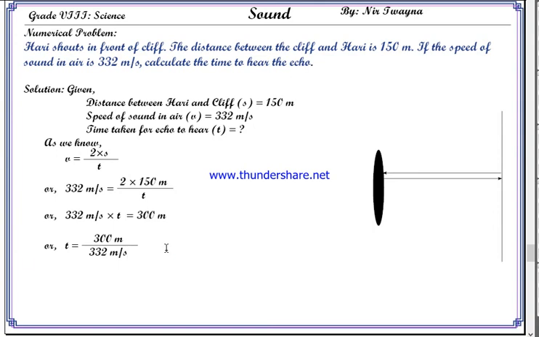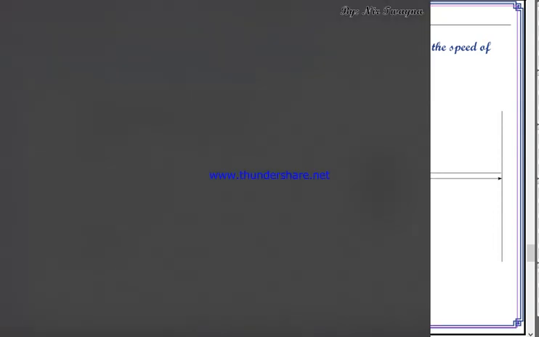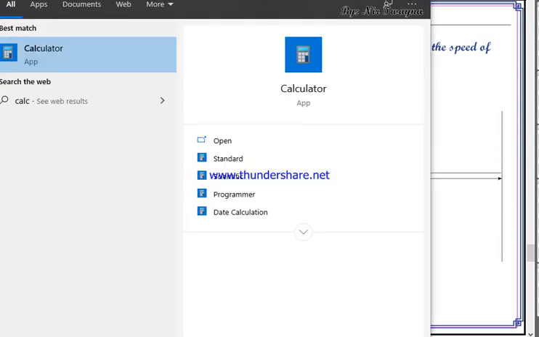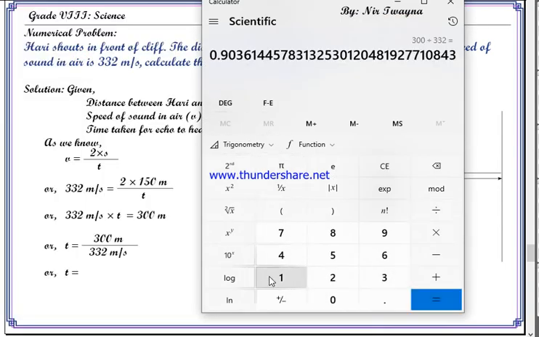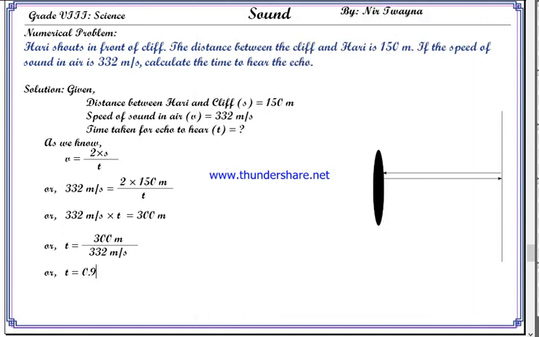Okay, so if you divide it, how much will you get? Let's see, calculator. Okay, 300 divided by 332, 0.9. And meter divided by meter per second, the denominator of denominator goes to numerator, meter cancels, you can simply write second.